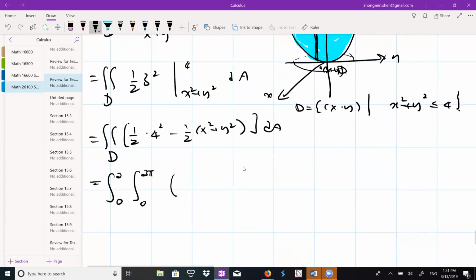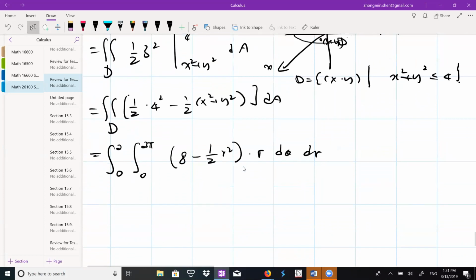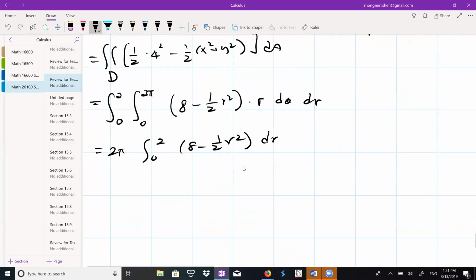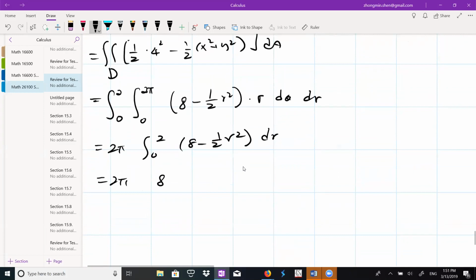And here it's going to be 8, half of x squared plus y squared is r squared, and this must be r here, with d theta dr. Theta is constant, so you take theta out. It's 2 pi times the integral dr. Then you find the antiderivative of this function: 8r minus 1/6 r cubed.